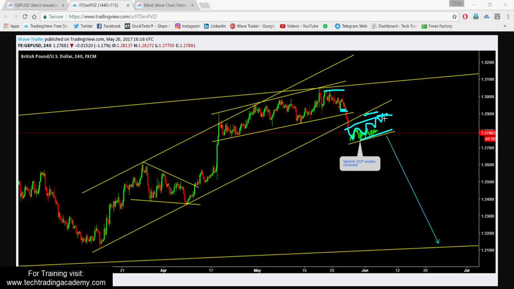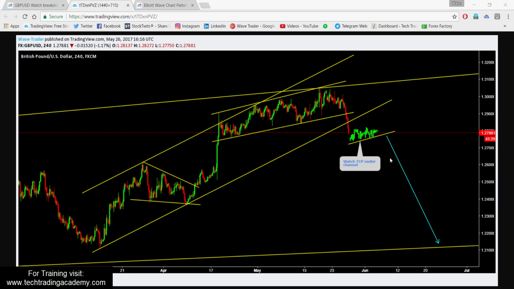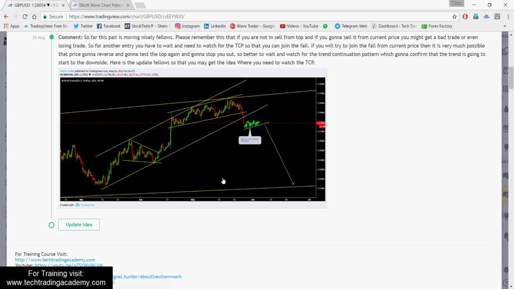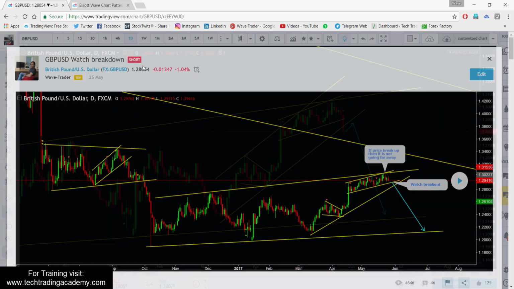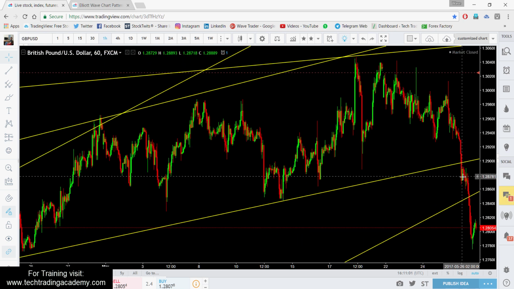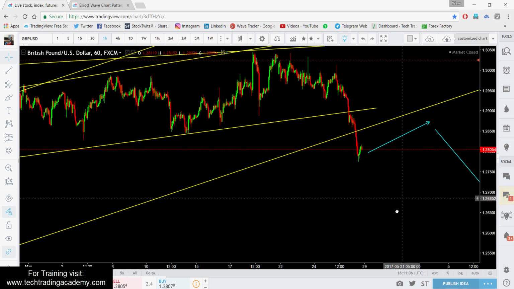So we're going to look for the third entry somewhere here for this trade. For that we have to watch the trend continuation pattern. Across the board we can see pound is falling, aggressively falling. So once we see a trend continuation pattern on this pair, we're going to look for another sell. The trend has just started to appear over there.